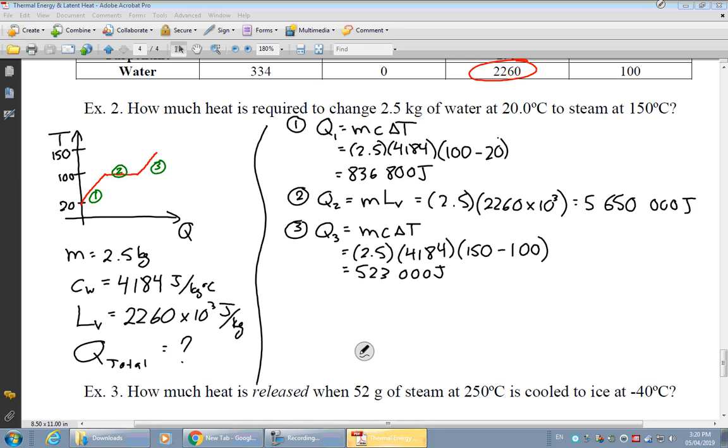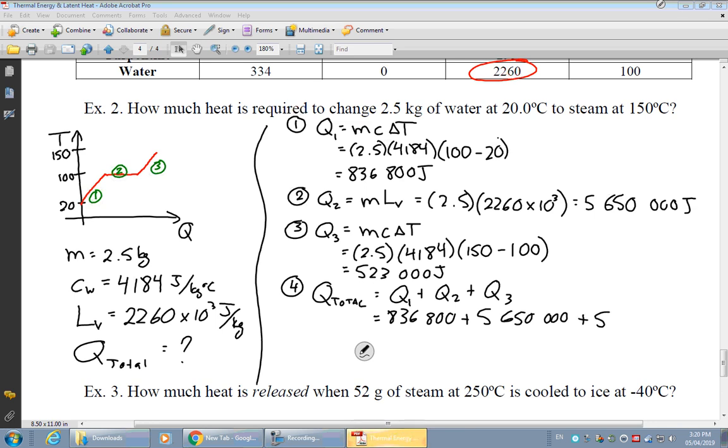So now our final step, what I'll call step 4, is to find Q total. And it really is just Q1 plus Q2 plus Q3. So we plug in the three values that we found so far, 800, plus the very big one, 5,650,000, and then 523,000.